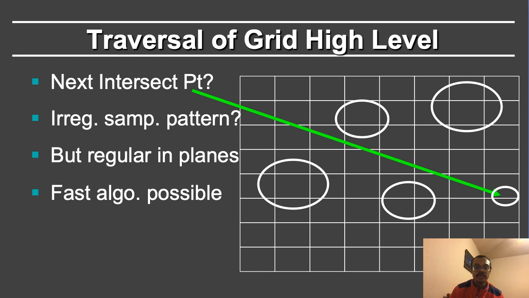I just showed you the way in which you go through the different grid cells. However, one challenge is that, let's say I start here with this grid cell. How do I know which is the next grid cell, and at what location do I enter the next grid cell? In this case, the next grid cell is here.